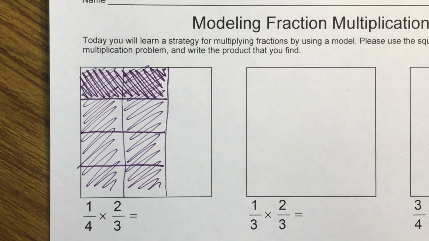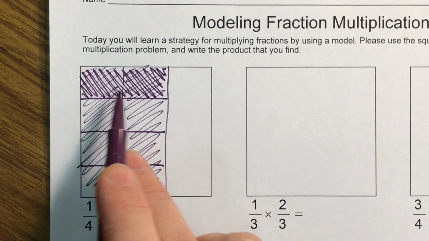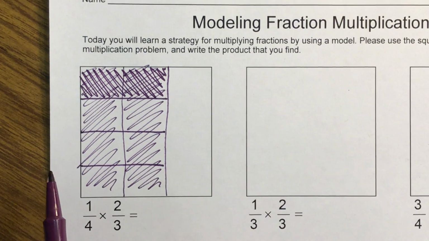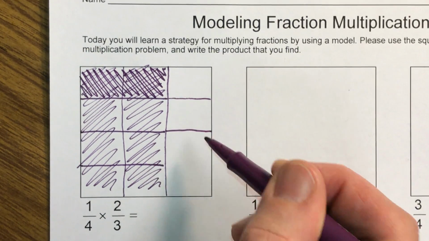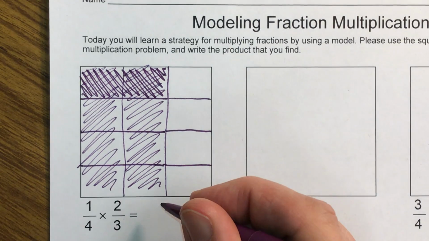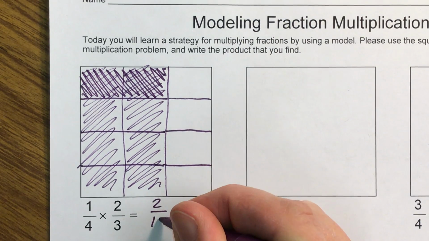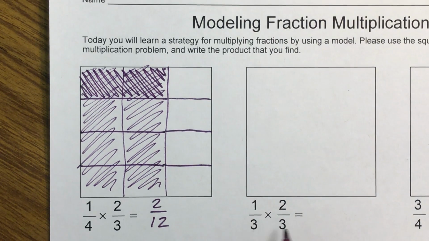Now, if I think about how to interpret that, I notice that there are two sections. If you want to think of these as brownies, I've eaten 2 brownies, and in the entire pan, if it was full, it would hold 12 brownies of that size. So my answer here would be 2/12.